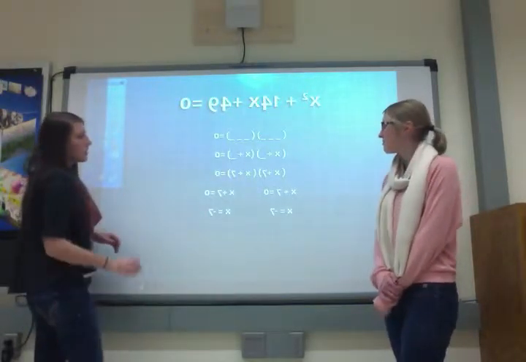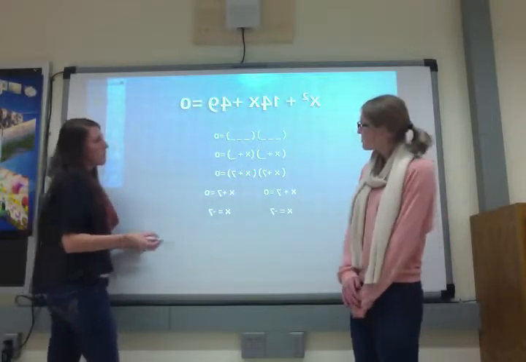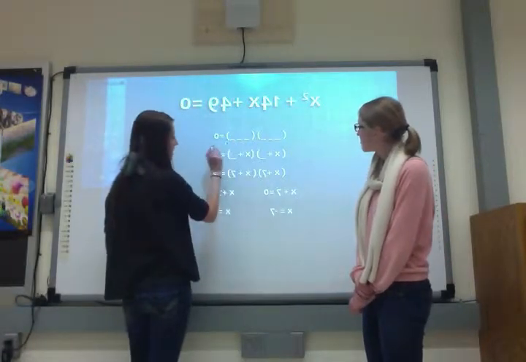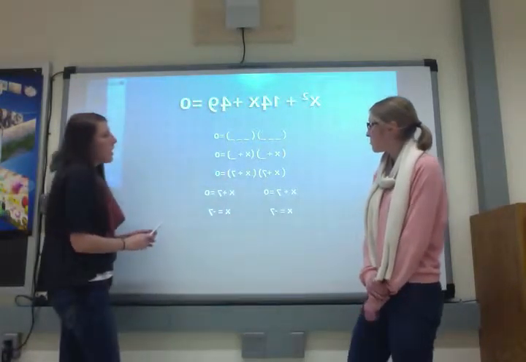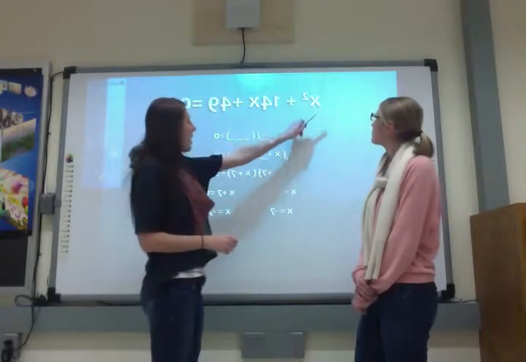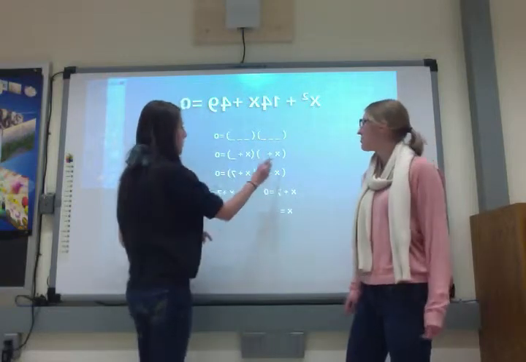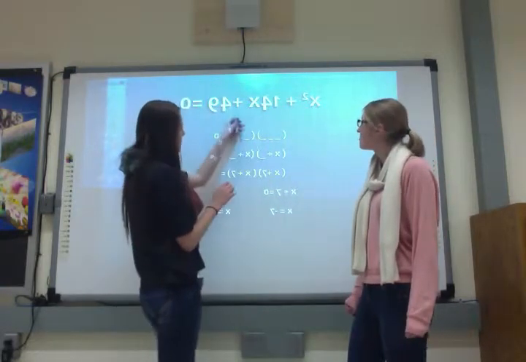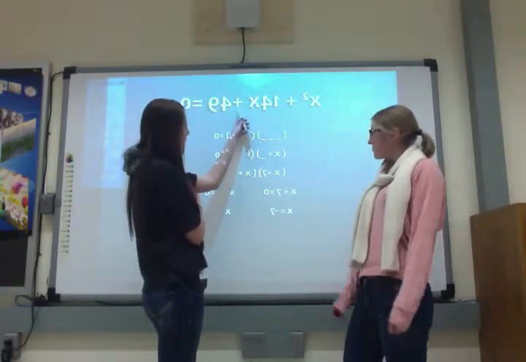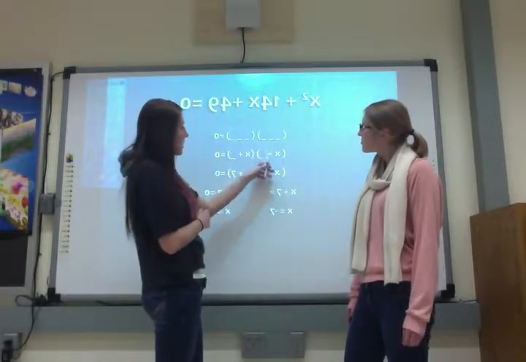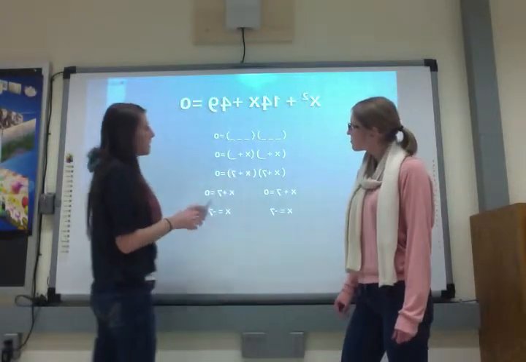Alright, so here's a sample of what we would do. You would write the parentheses out and make it equal to 0. For this problem, you know that x times x would give you x squared, so you write that out. Since both of the signs in the equation are plus, we know that both of them will be plus signs.